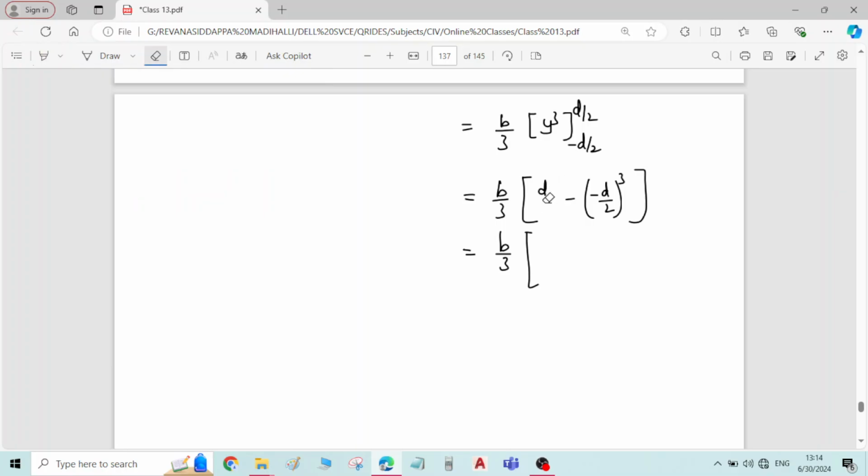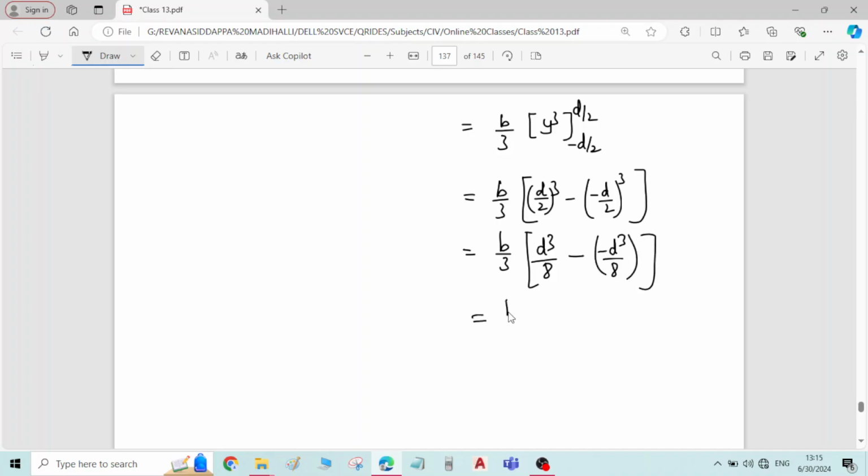In the next step we will write it as d cube by 8, and minus d by 2 whole cube means it is minus d cube by 8.